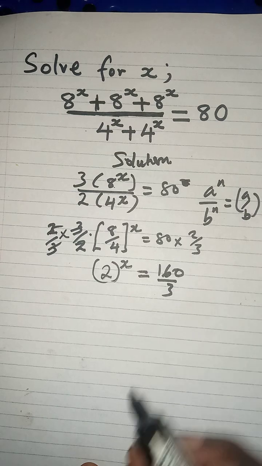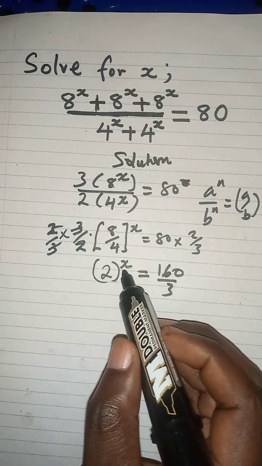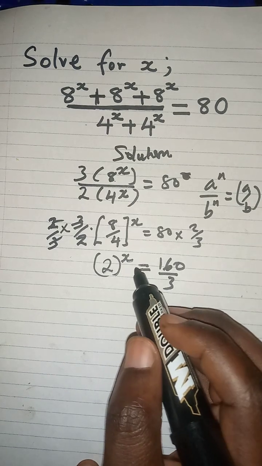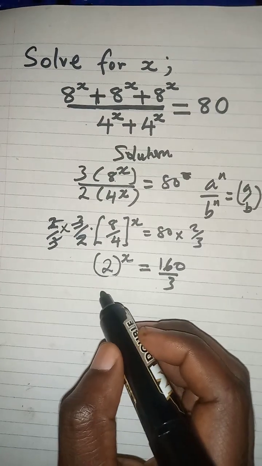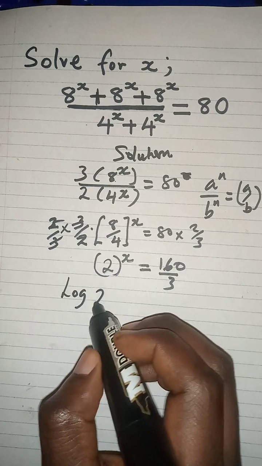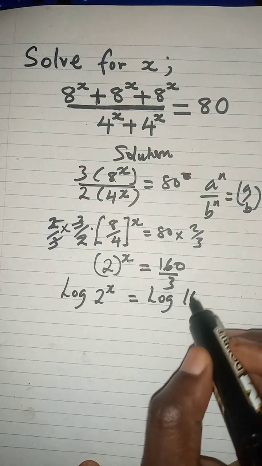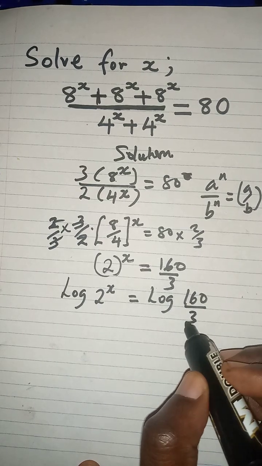Well, at this stage, since this is an exponential equation, then I'm going to introduce logarithms on both sides. So log 2^x is equal to log of 160 divided by 3.